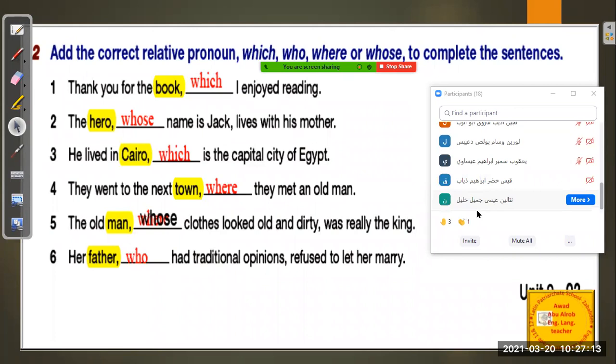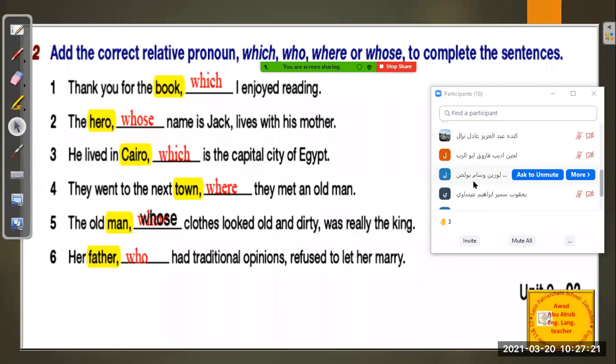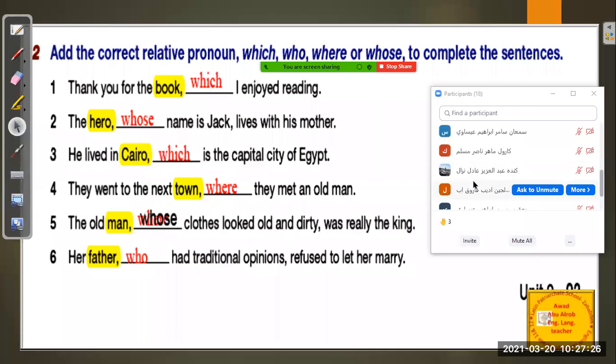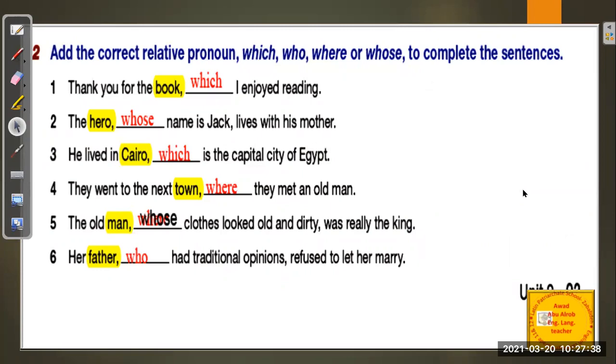Nataline. Lorraine. He lived in Cairo, which is the capital city of Egypt.